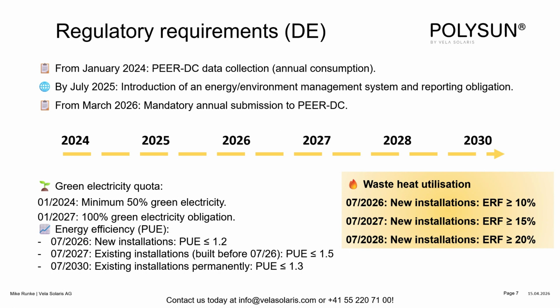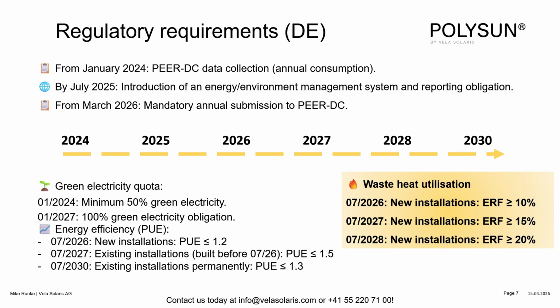So the PUE targets, short for power usage effectiveness, being the total energy consumption of the data center divided by the energy consumption of the IT equipment. For new data centers being built, a maximum of 1.2 is allowed; existing data centers, a maximum of 1.5 by 2027, and 1.3 by 2030.